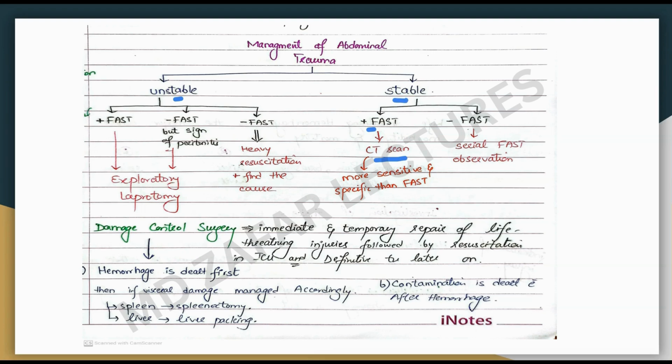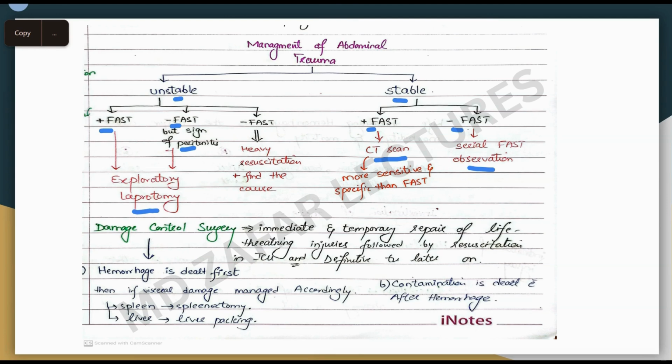If the patient is stable and their FAST scan is negative, then we can go with a serial FAST scan or we can just observe the patient. But on the other end, when the patient is hemodynamically unstable and the FAST scan is positive for any bleed in the peritoneal or the different compartments of the abdomen, or even with a negative FAST but with the presence of signs of peritonitis, we will directly go with the exploratory laparotomy.